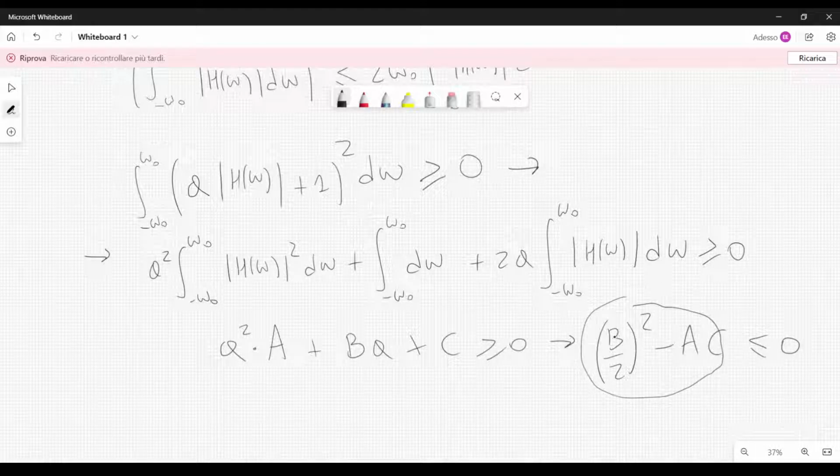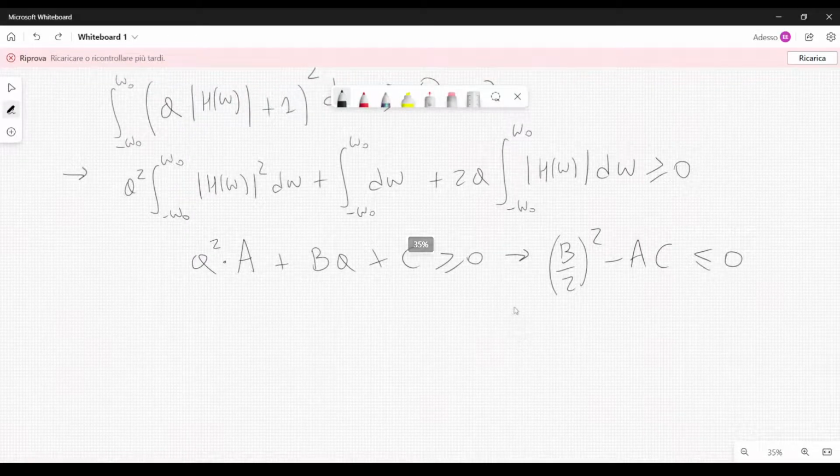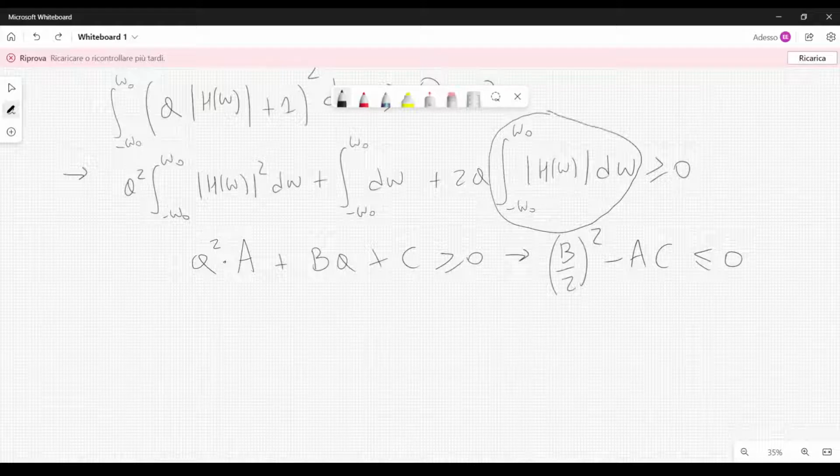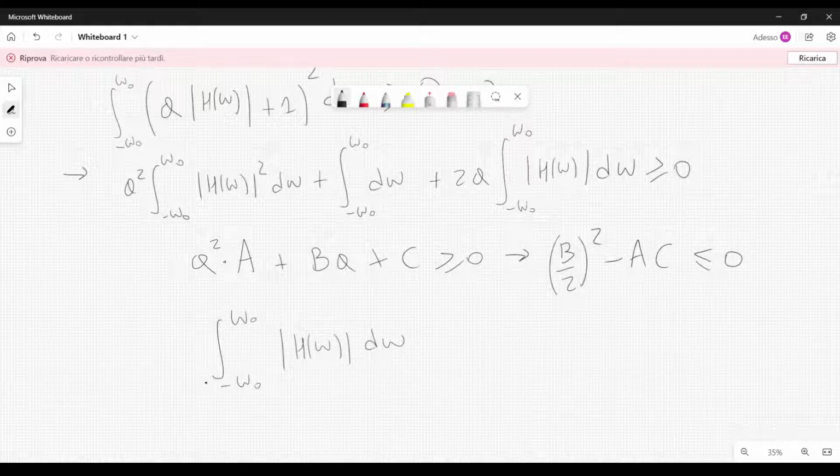We can rewrite it in this form or also in this one, b squared minus 4Ac less than or equal to 0. But that's the same inequality. So this basically means that b halves is this one, b over 2. So we get the integral from minus omega naught to omega naught of mod of h of omega d omega, and we square this. This is less than or equal to A times c.